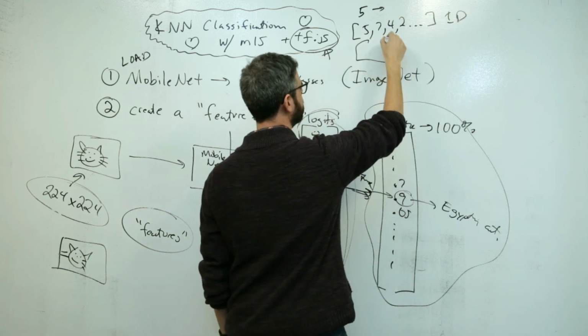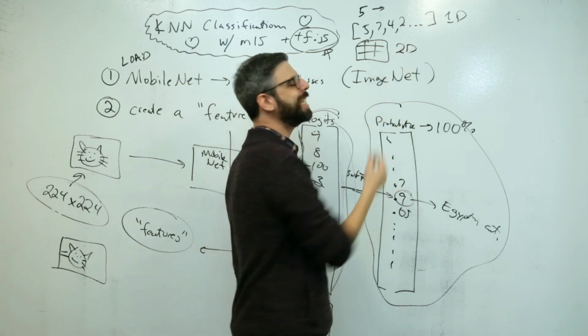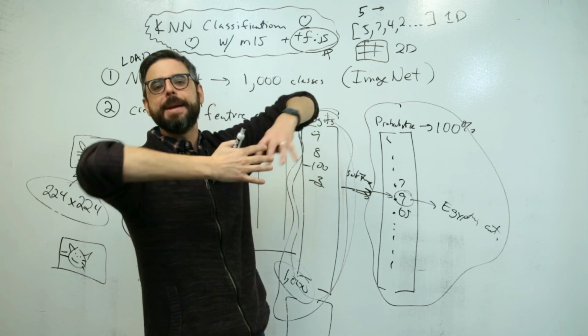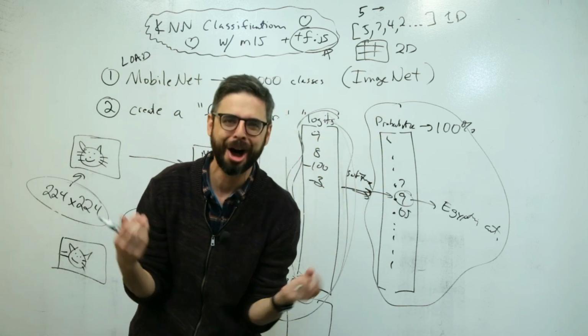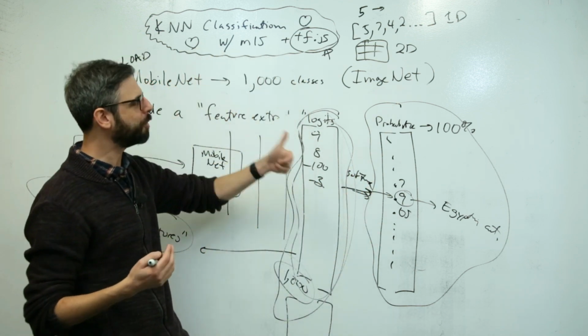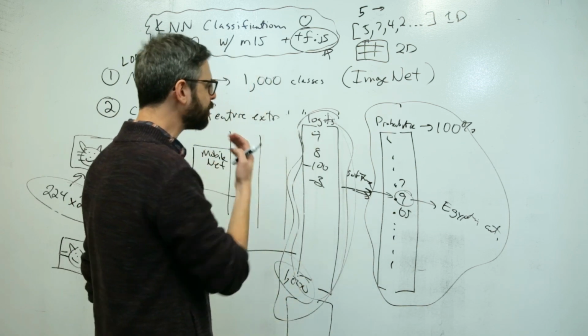A matrix is thought of as a grid of numbers. This is 2D. And a tensor is a term to describe the n-dimensional possibilities of any collection of numbers. So a tensor can be 0 dimensions, 1 dimension, 2 dimensions, 3, etc. So that's what those terms mean.